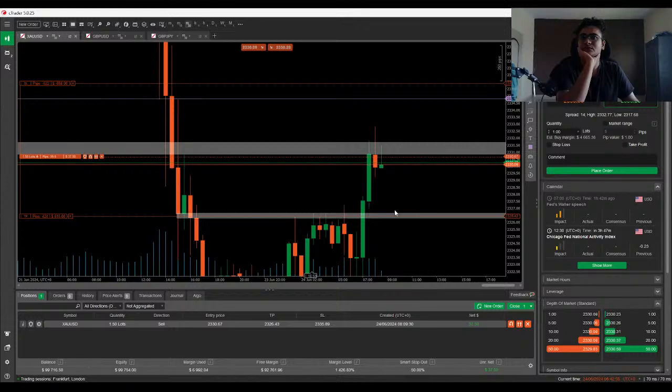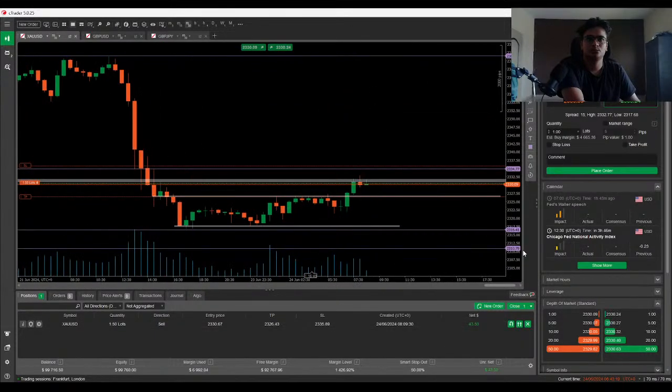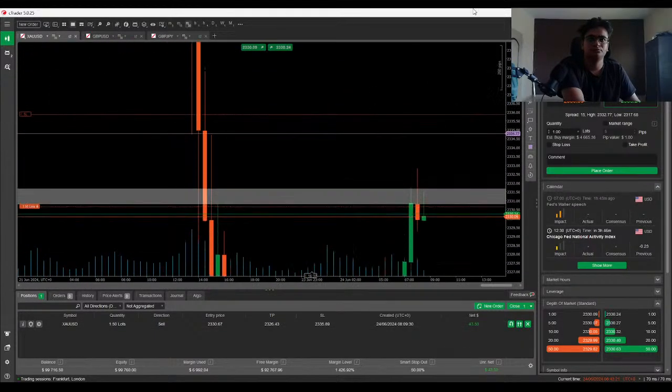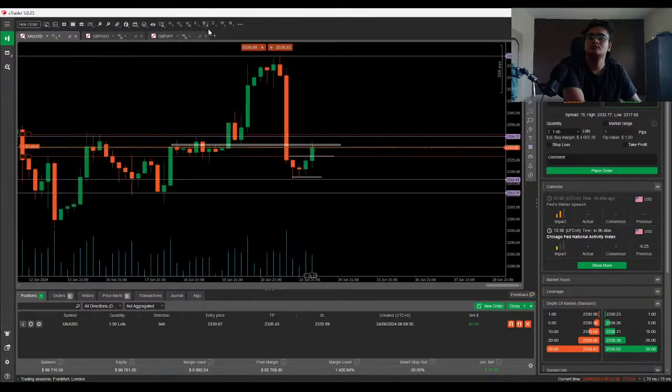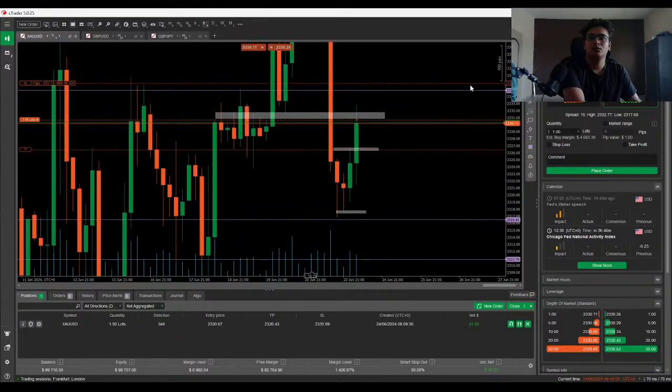But if we win this trade, we're good to go. If we get this candle below these lows, oh, that would be amazing.